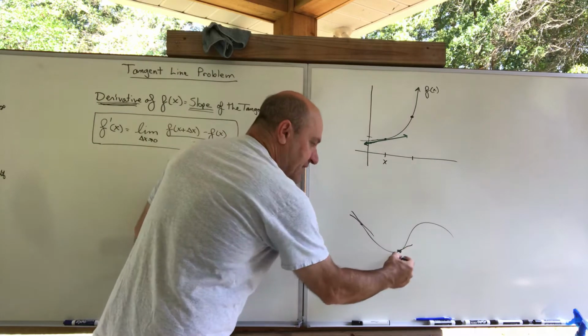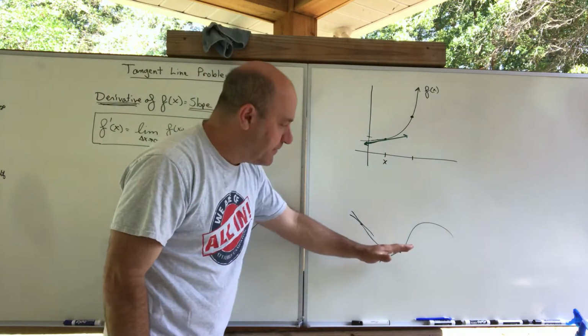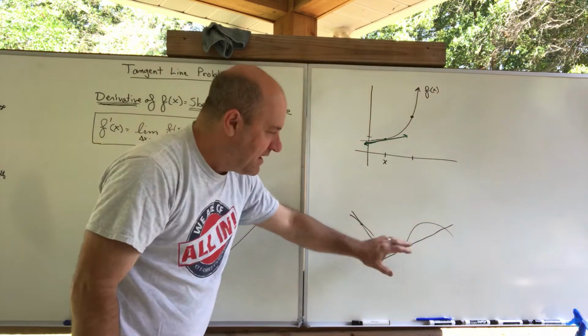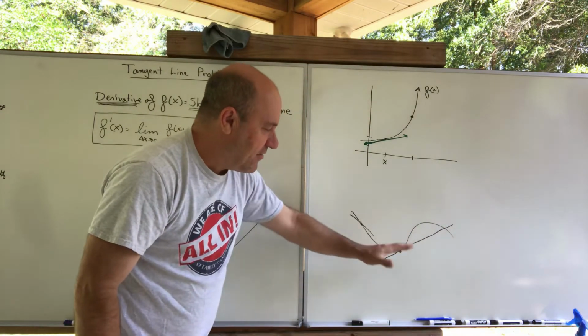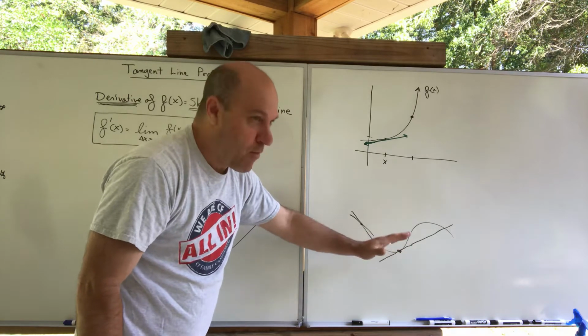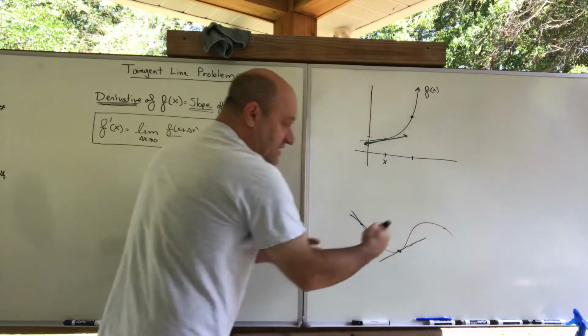So at that point, there's a tangent line that touches the curve in one point only. By the way, it could touch somewhere else, but in that vicinity, it just touches at one point. And we find the slope of the tangent line.